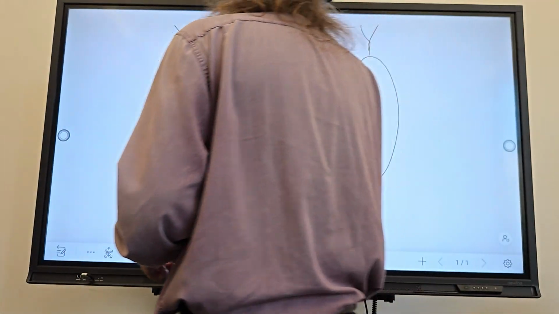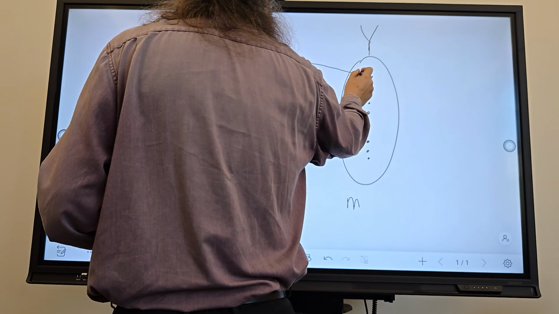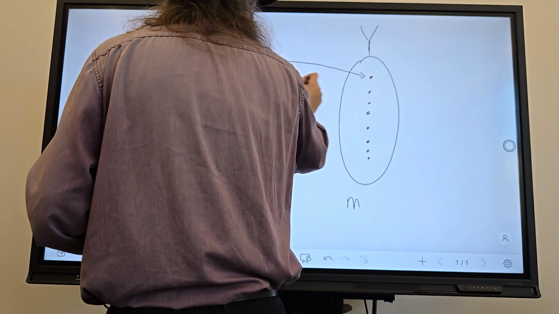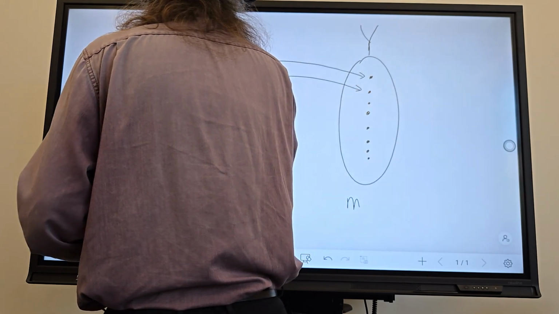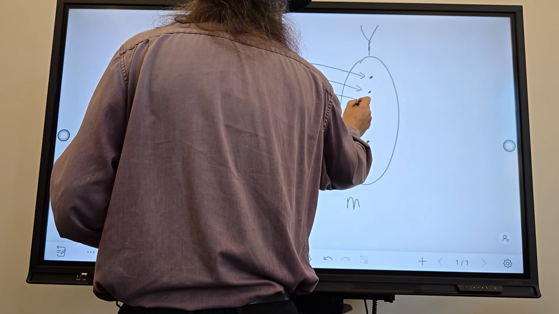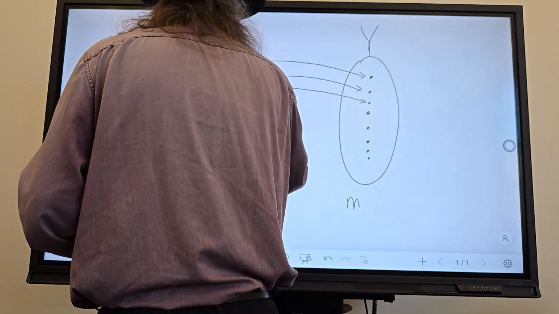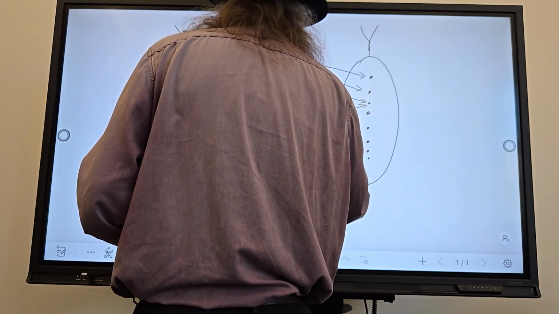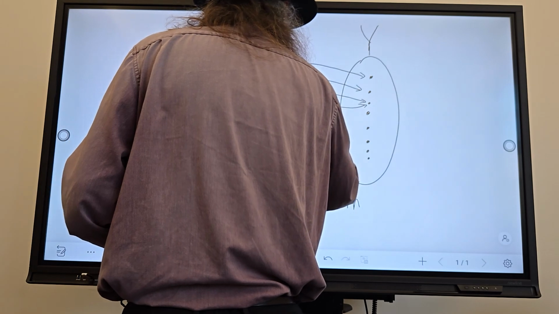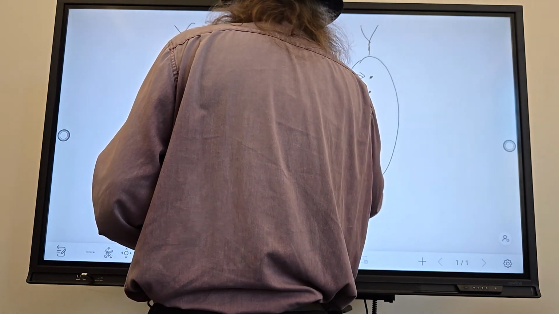So here you have a function illustrating the pigeonhole principle.